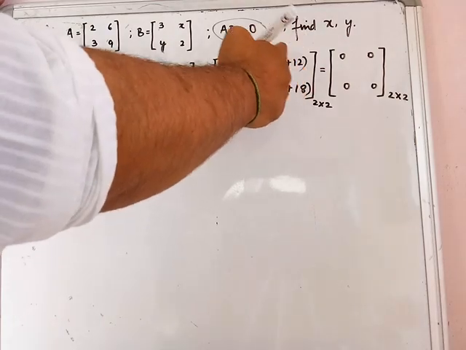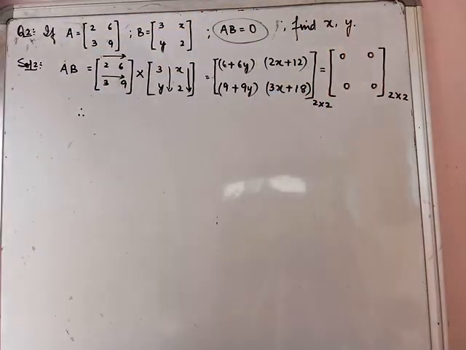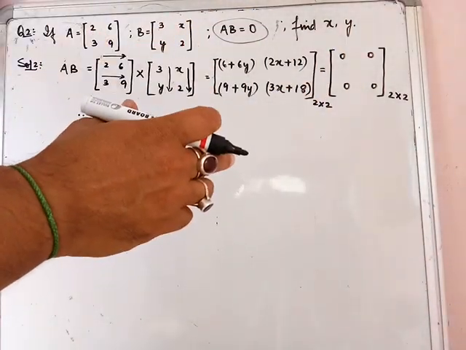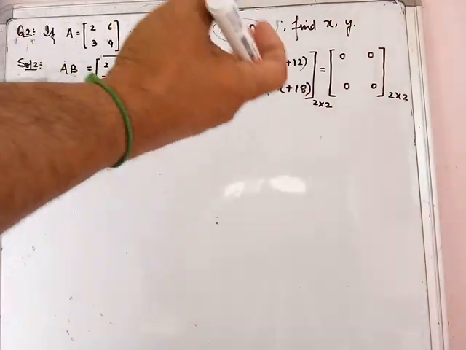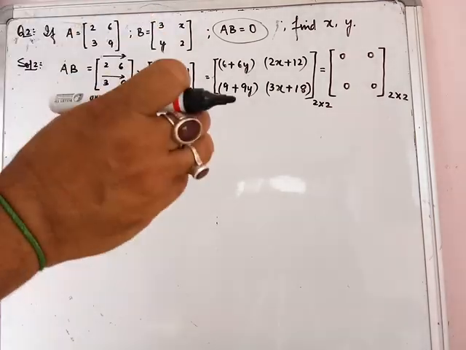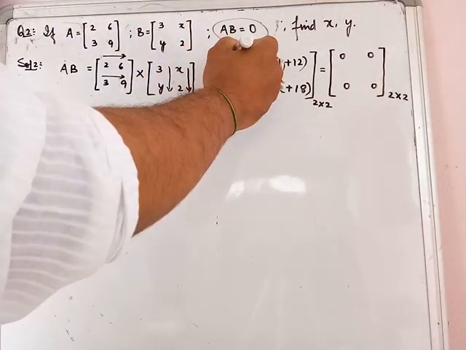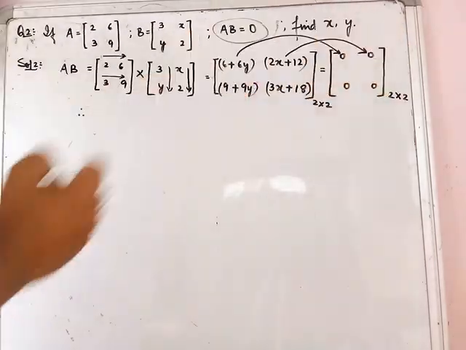Now therefore, since this matrix and this matrix are equal to each other, these are equal matrices, the only thing remaining is for you to tally or compare the two matrices. Since they are equal matrices, their individual corresponding elements will also be equal. That means this entry will be equal to this entry and this entry will be equal to this entry.